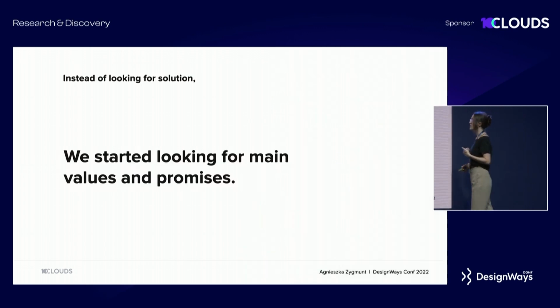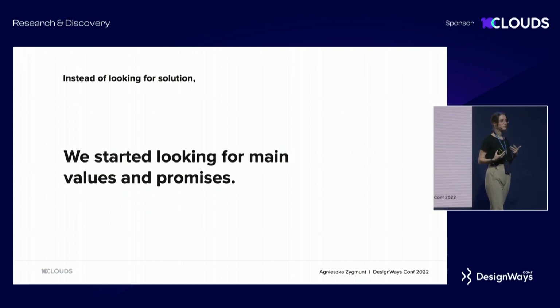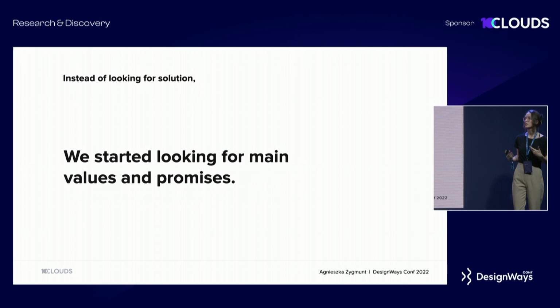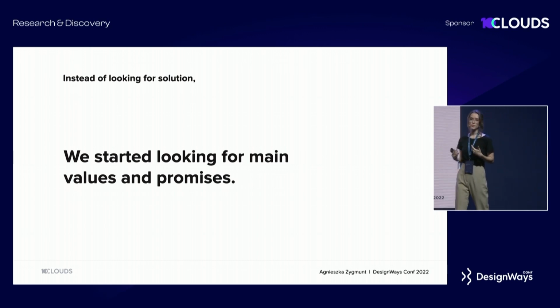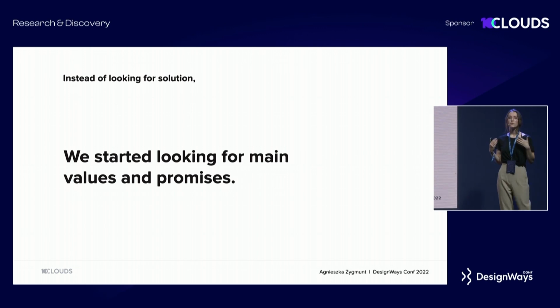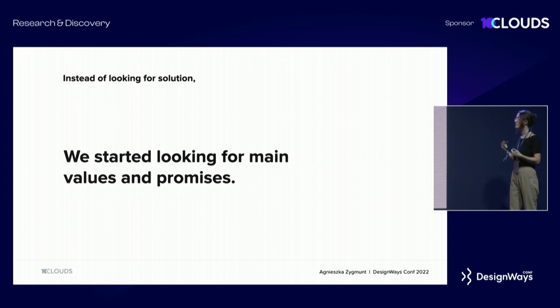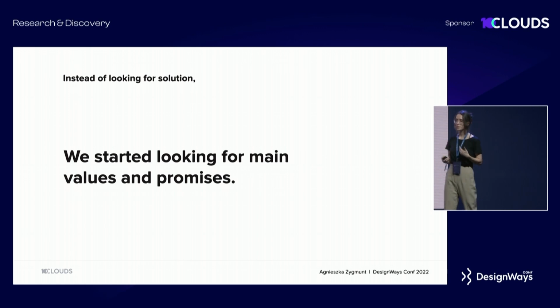So we decided that even if we have a lot of data, we could start to go with the problem-solution fit thing and start to look for solutions, but instead of looking for solutions, we would be looking for values and promises. We did this before with the stakeholders and in the workshop with clients, but we decided that, okay, we have enough data, we can just take a step back and check if the values and promises we set are the same as what we have from the research.